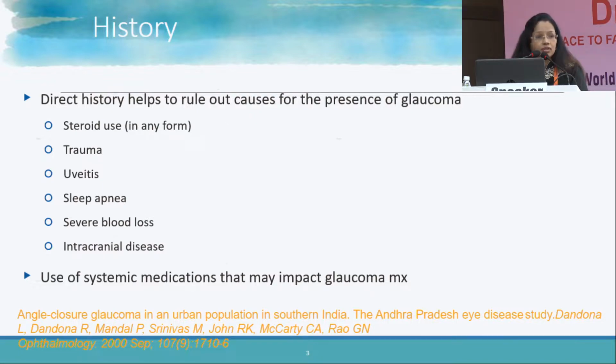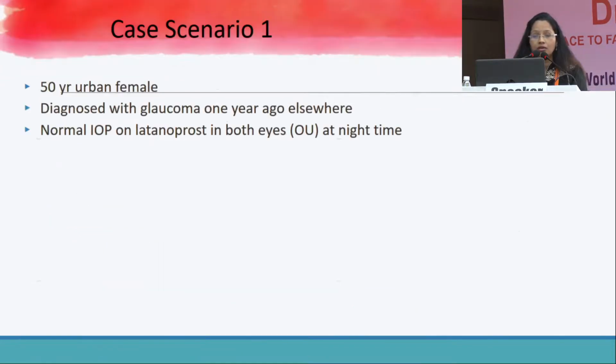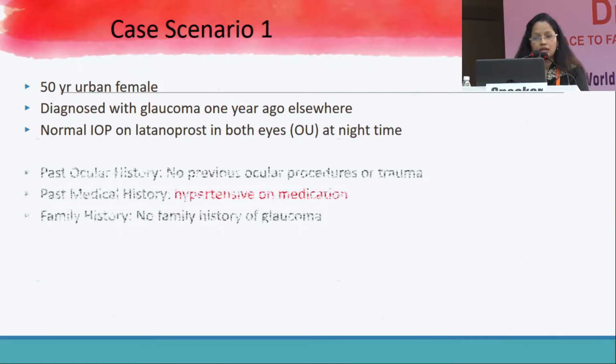Another important thing I wanted to highlight was use of systemic medications that may impact our glaucoma management. Let's see this particular patient, a 50-year-old female diagnosed with glaucoma 1 year ago elsewhere. She was doing well on one prostaglandin analog at bedtime.